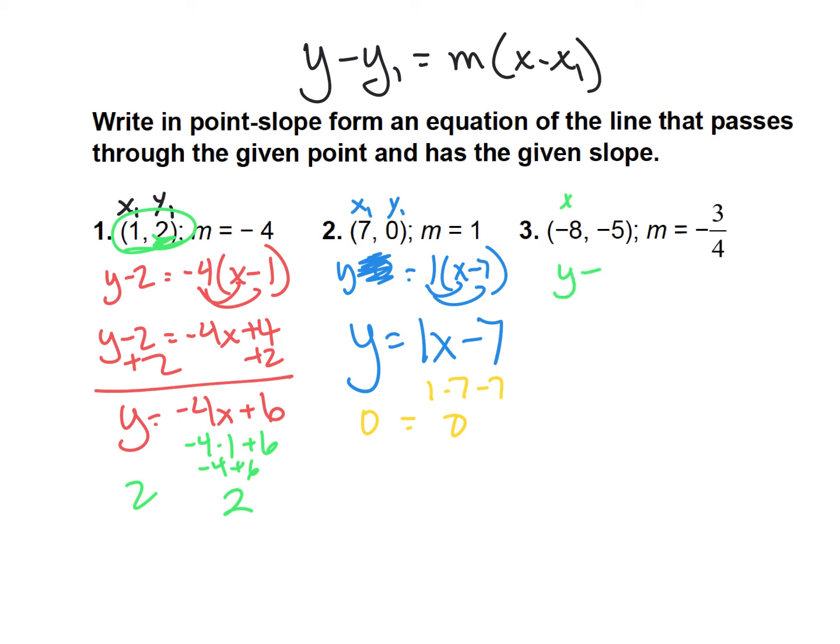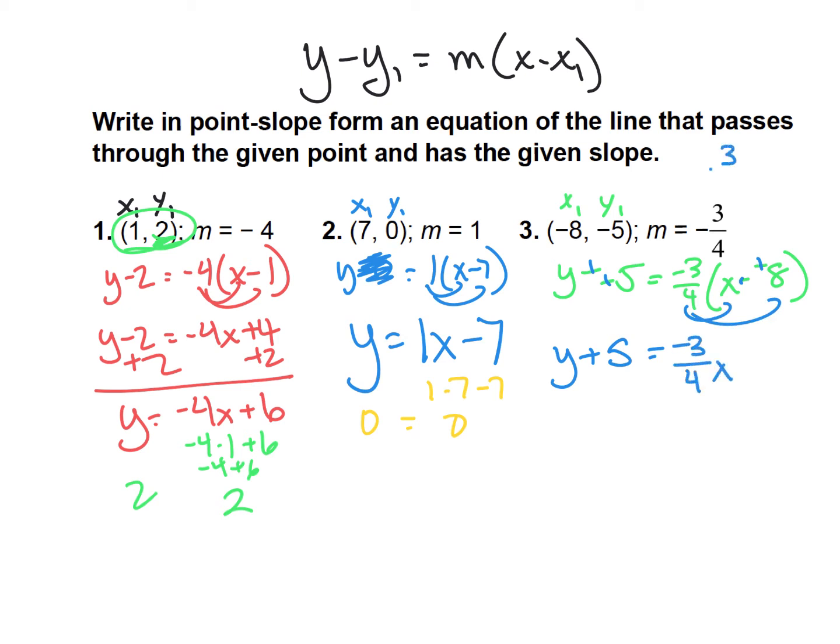Y minus, I got x1 and y1, so y minus a negative 5 equals a negative 3/4 times x minus a negative 8. Okay, lots to do here. Let's double dash here. Let's double dash there. So I get y plus 5 equals, I'm going to do the distributive property, negative 3/4 x.